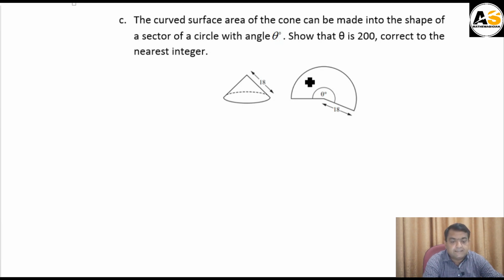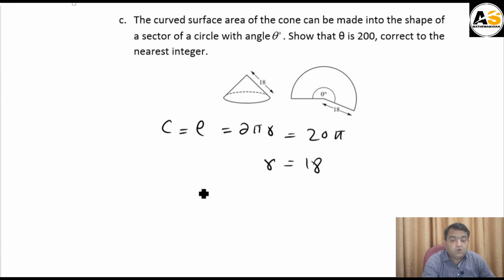So what will be this? This will be basically circumference of the base of the cone. Its radius is 10, so its circumference will be 2 pi r. Circumference of the cone, which is basically arc length over here, will be 2 pi r, that is 2 pi into 10, 20 pi. And what is the slant height? 18 becomes its radius. So radius r is equal to 18. What is formula for arc length?